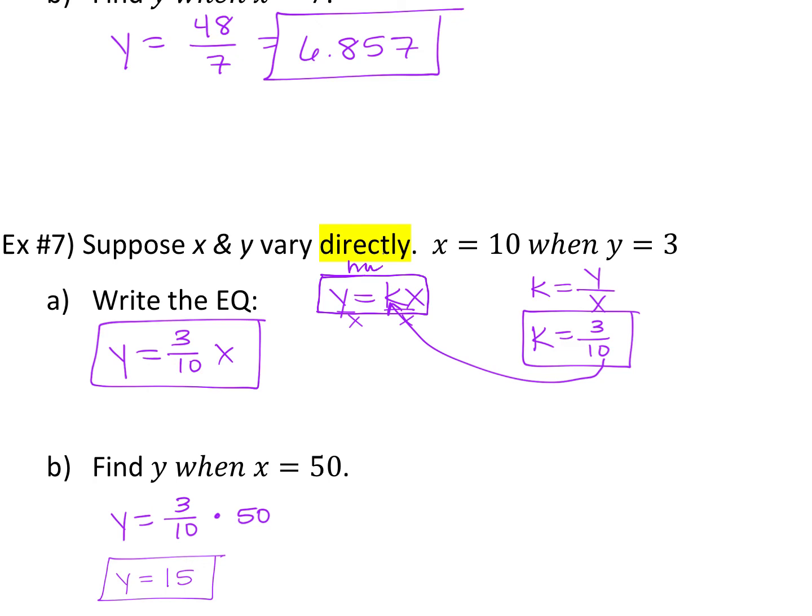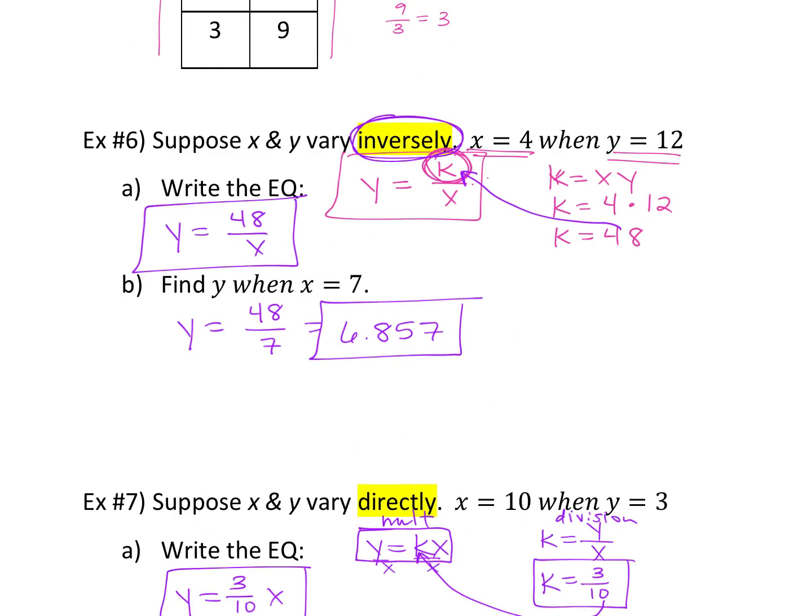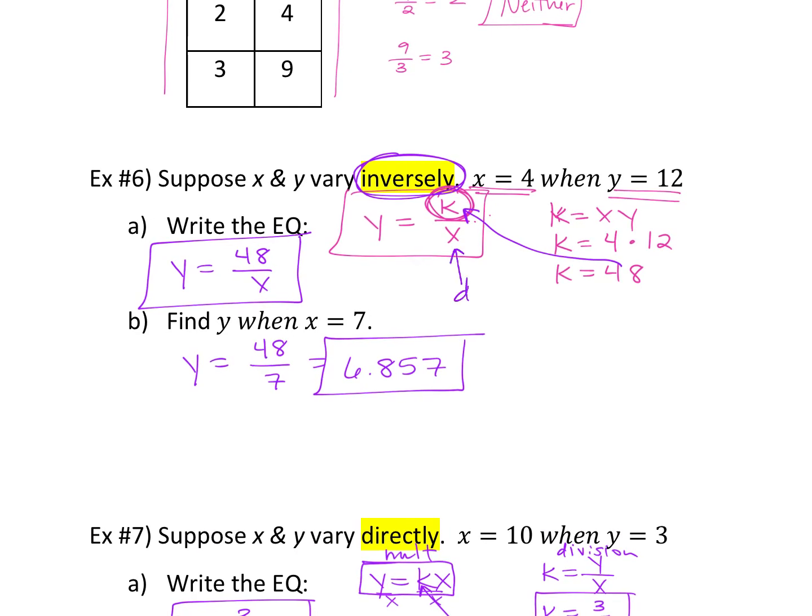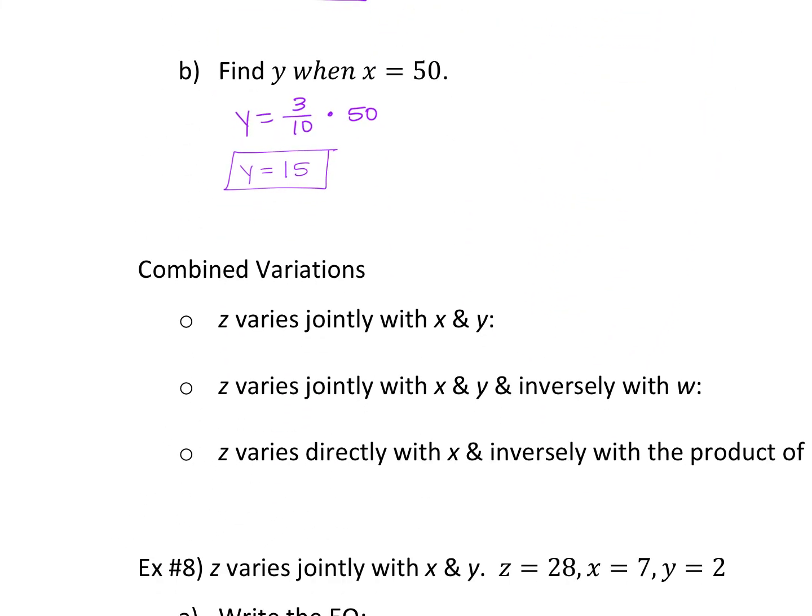Whereas inversely, it's division for the equation, but you're going to multiply to find k. So it's kind of up to you how you want to think about that. Maybe you just always think of the equation like this, and then you solve for k every time, and then you don't have to worry about remembering products or proportions. But there are both things happening in both of them. So it's just a matter of keeping it straight, however works best for you.